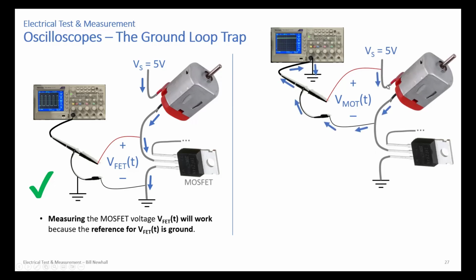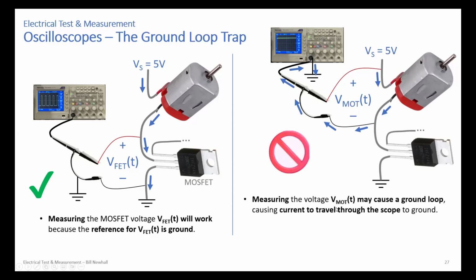Some people call this a ground loop. You're causing a current path from this junction between the motor and the FET, supplying a ground, and you're causing the motor to actually spin. You've created a ground path for that motor that you didn't want because you're measuring it with the oscilloscope that has a ground lead. Okay, so don't do this.